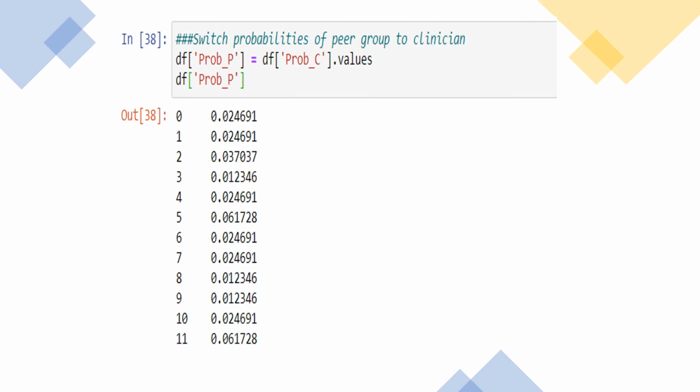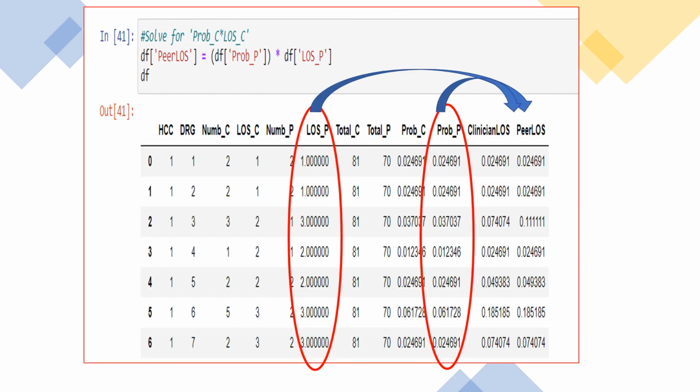Now we can switch the probabilities of the peer group with the probabilities of the clinician group. And now with this new probability for the peer group, we can calculate the new length of stay for the peer group.